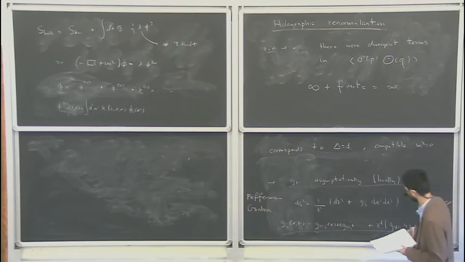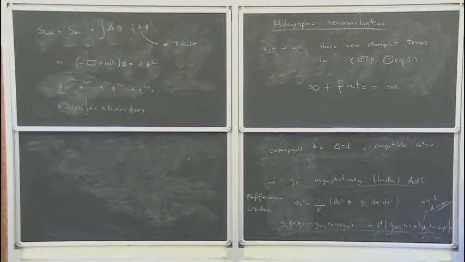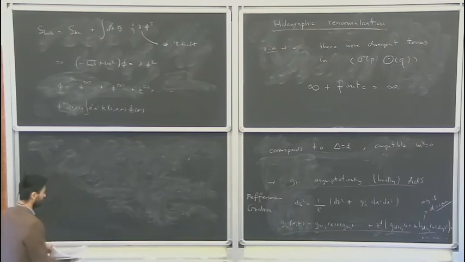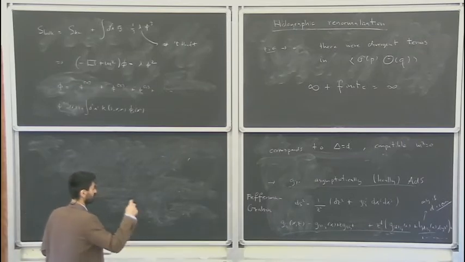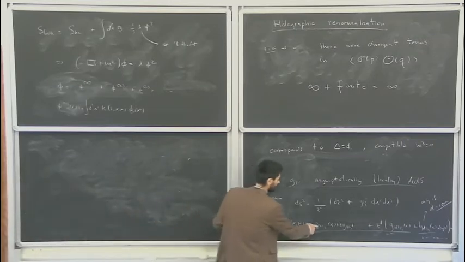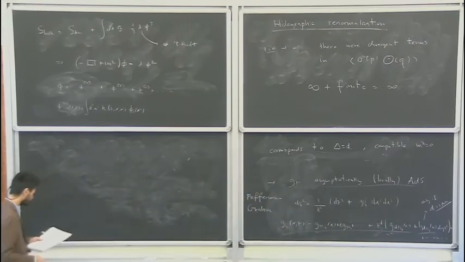I will give some expression of some of these terms to illustrate exactly how this works. But in general, whenever we have such expansions, at the end we have to plug them back into the action, exactly as we did for the pure scalar. Because then we want to determine the action as a function of phi 0, as a function of g0, as a function of whatever boundary term we have.